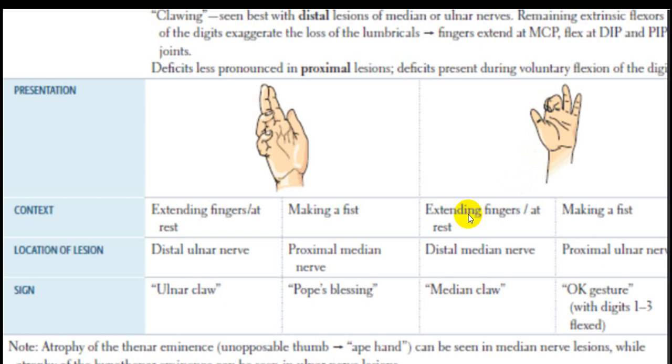So extending fingers at the wrist, distal median nerve involved, and the signs will be median claw hand, OK gesture with digits 1 and 3 flexed, 1, 2 and 3 digits will be flexed. Well, this is called a pope's blessing.